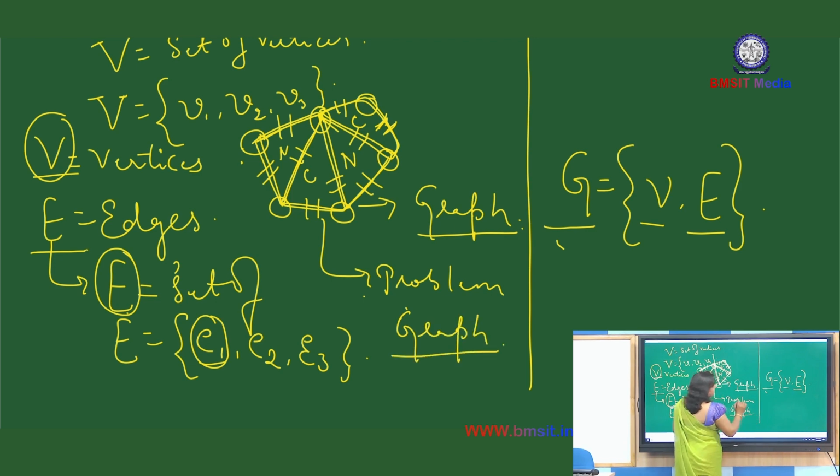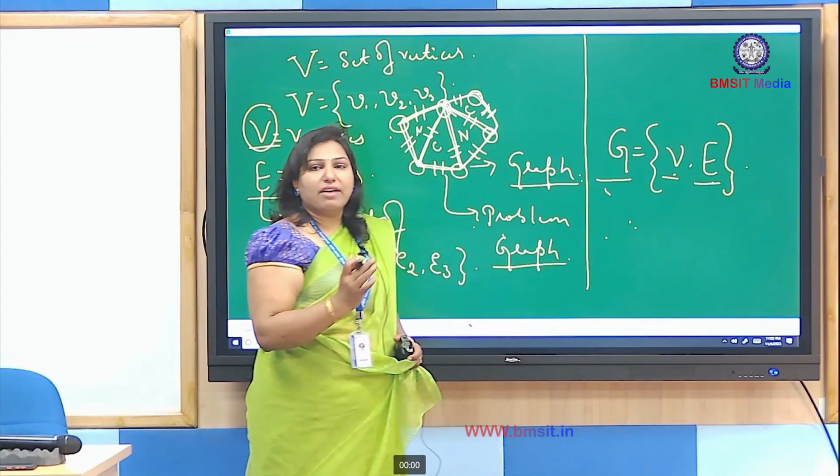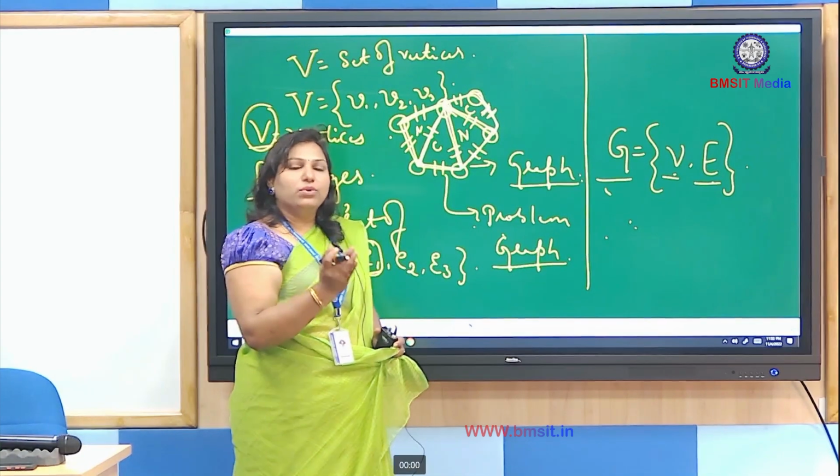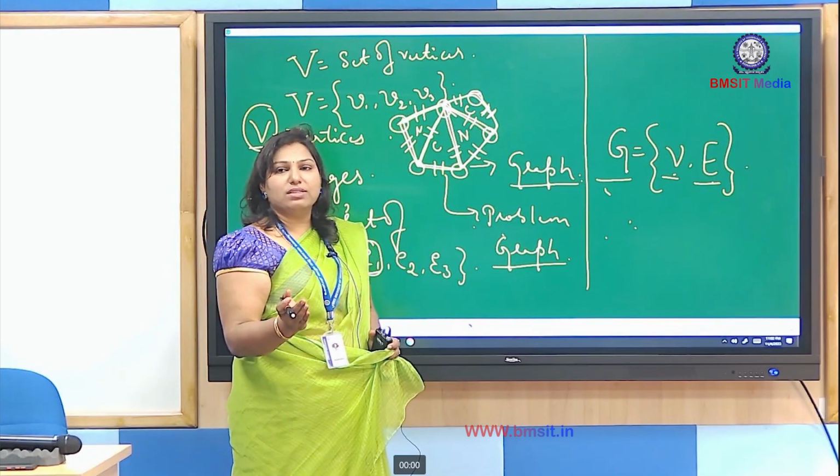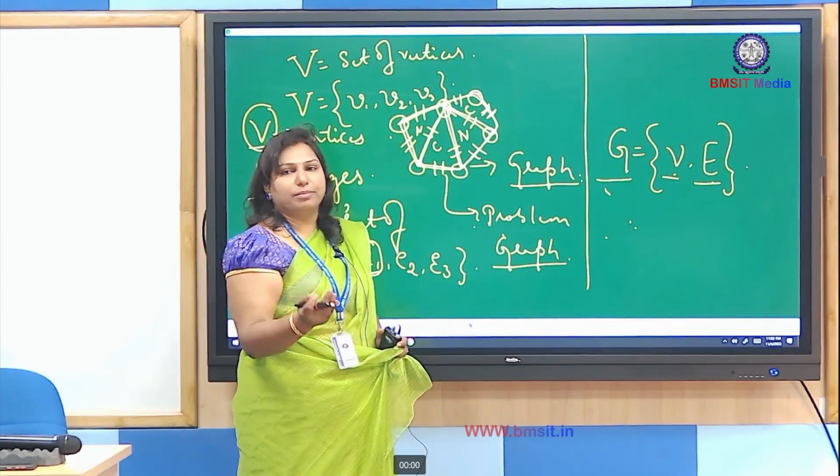Now let me see how graphs can be represented using directions, with arrow marks, or without arrow marks, as ordered pairs.